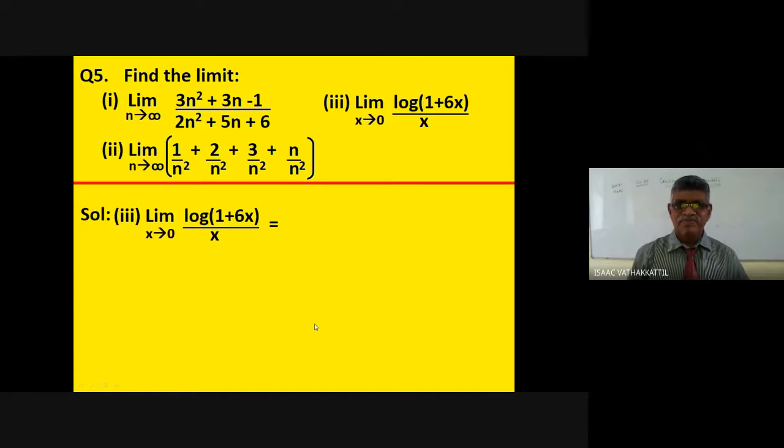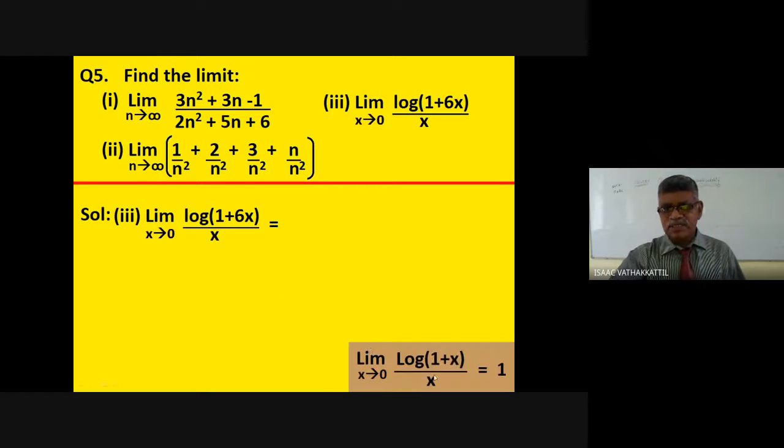If you remember yesterday's topic, or if you have taken up the notes, I will not take for granted that you don't know anything. Whatever I taught, I take for granted it is there with you. You can refer back. Limit x tends to 0, log 1 plus kx by x, or basically limit x tends to 0, log 1 plus x upon x is 1.